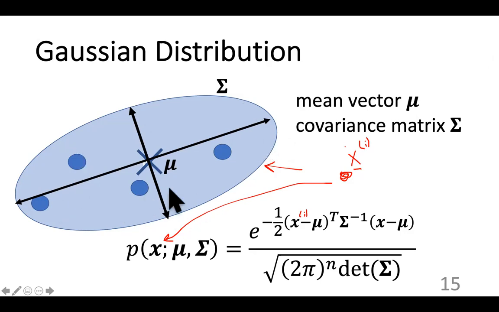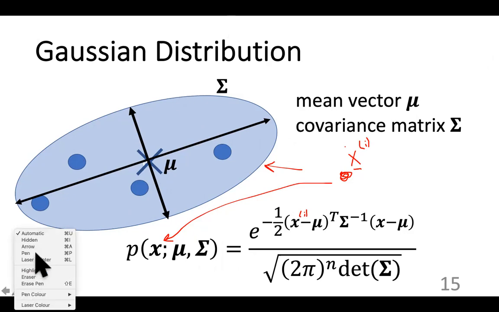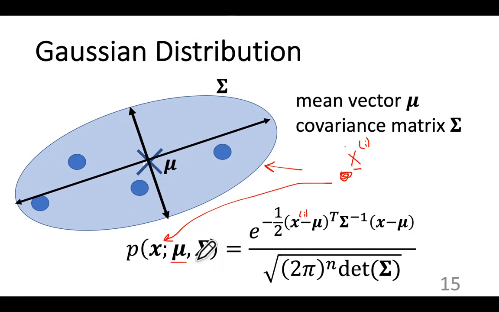And by the way, if we restrict ourselves only to Gaussian distributions, then this is equivalent to representing a cluster by a mean vector and a covariance matrix. As you might have heard in your first probability courses at university, a Gaussian distribution is fully specified by the mean vector and the covariance matrix. So if you know that a distribution is a Gaussian distribution, then you know everything about it as soon as you know the mean vector and the covariance matrix.